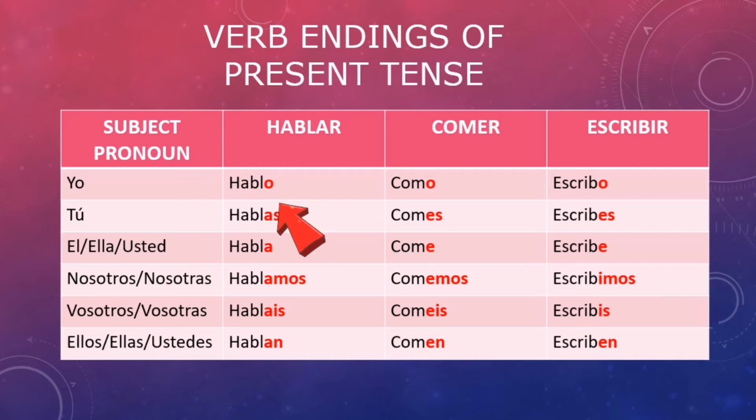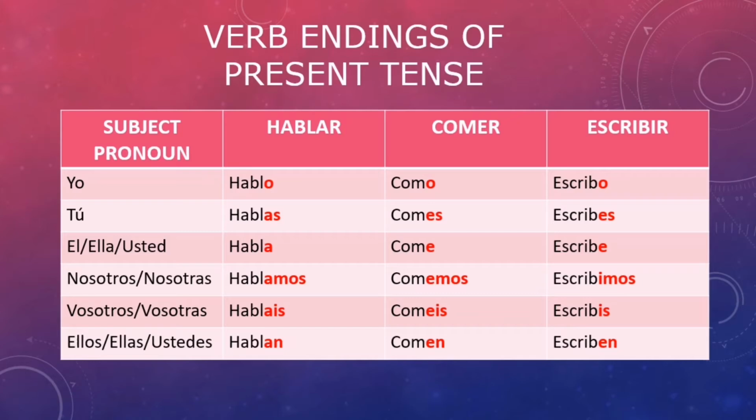So yo hablo. Alright? For comer, we have o, es, e, emos, éis, en. Or como, comes, come, comemos, coméis, comen.